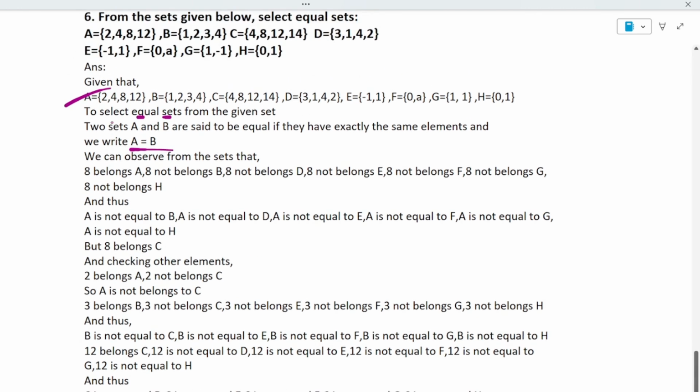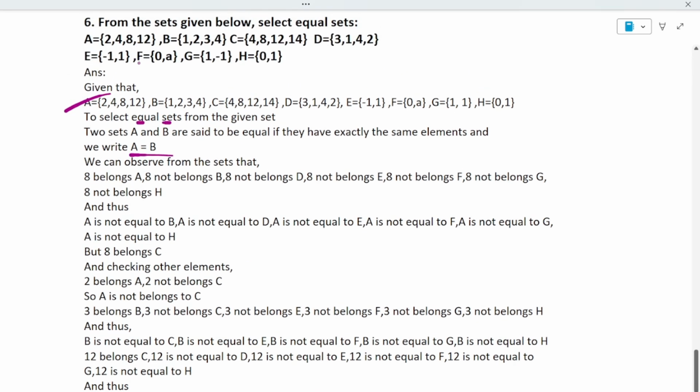And now let's see 8. If we consider the element as 8, 8 belongs to A, 8 does not belong to B, 8 does not belong to D, 8 does not belong to E, 8 does not belong to F, 8 does not belong to G, 8 does not belong to H also.